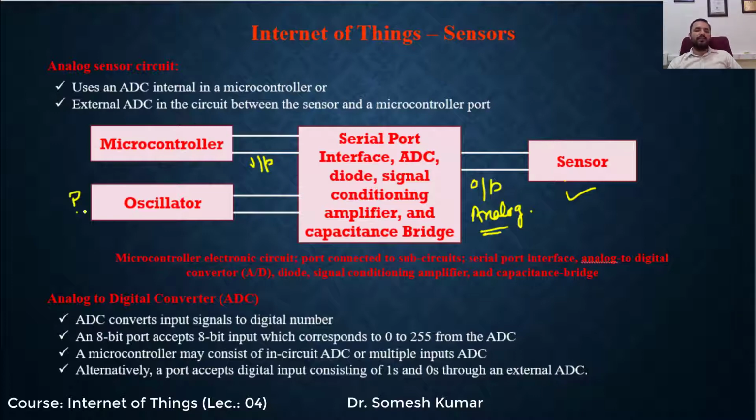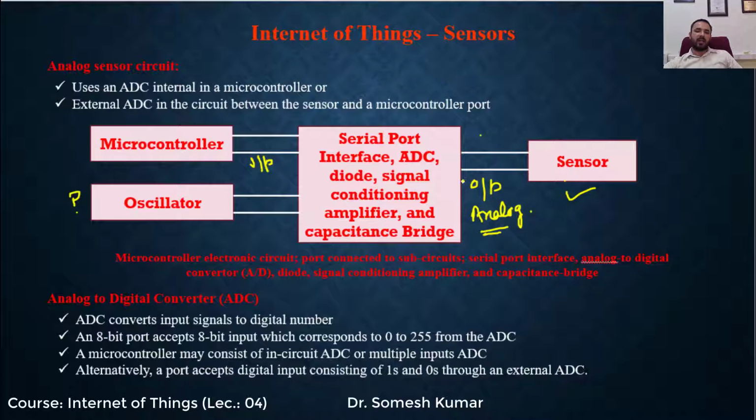So here the ADC, the analog to digital converter, converts the sensor output to some digits. And these digits can be displayed on the system or display devices with the help of the microcontroller. For example, if this sensor senses a temperature, that temperature is analog in nature.